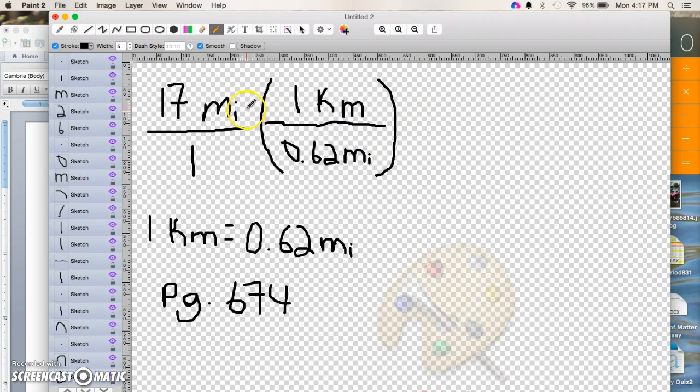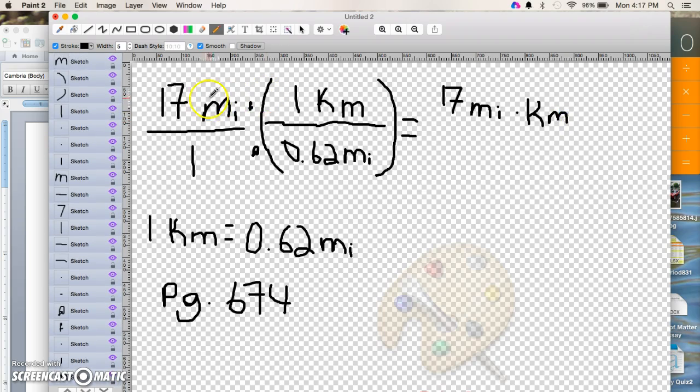And when you multiply these together, when we do that, we're going to get 17 miles times kilometers.